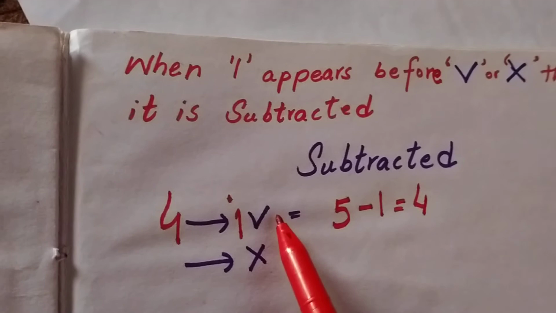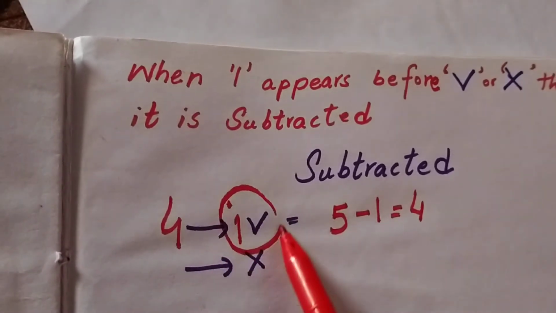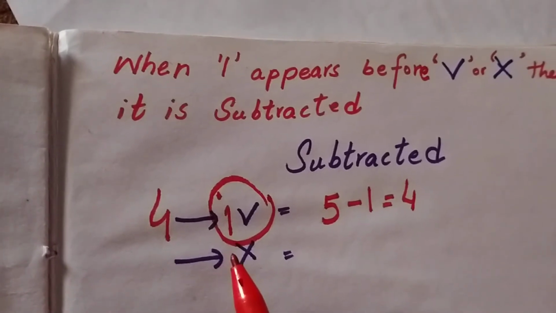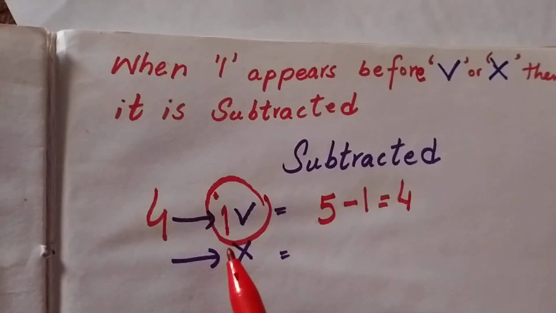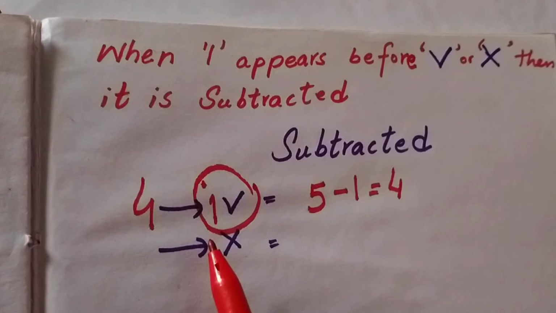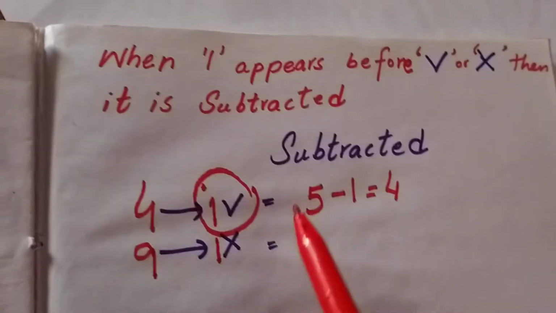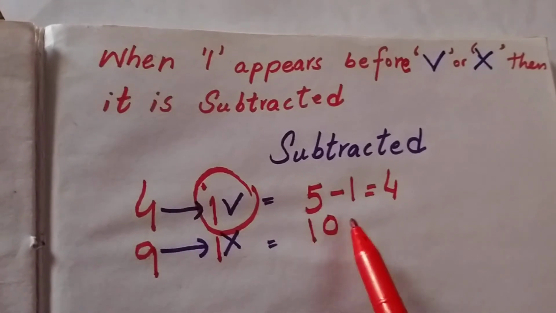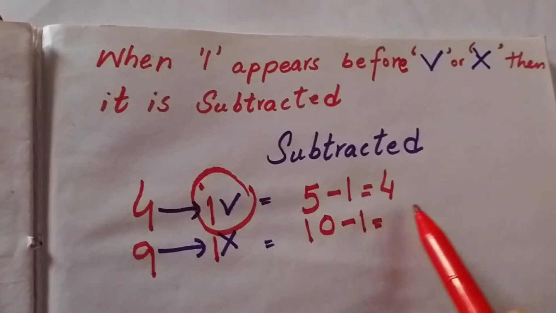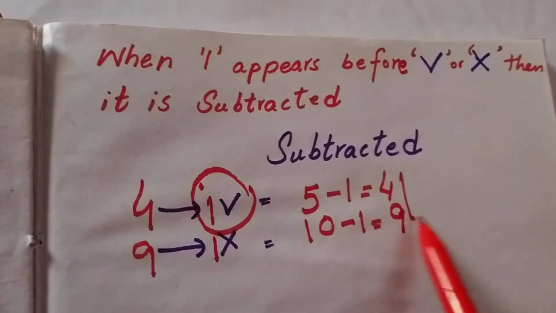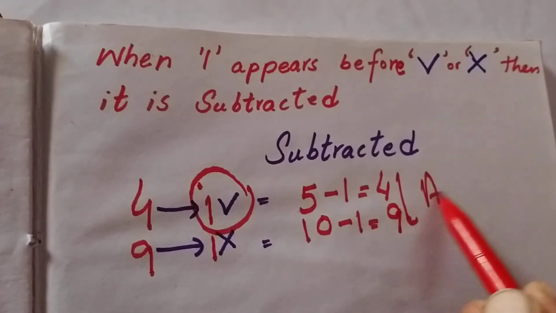In Roman numerals, for 9, we subtract 1 from 10, with 1 appearing before 10, and it becomes 9. 10 minus 1 is equal to 9.